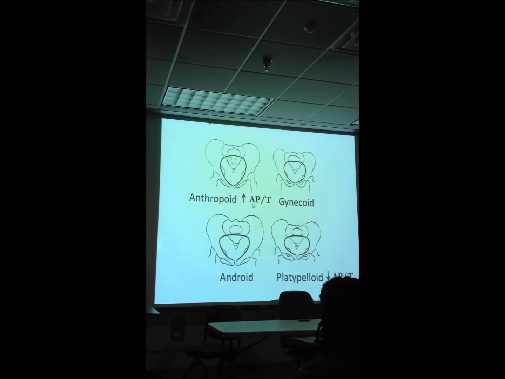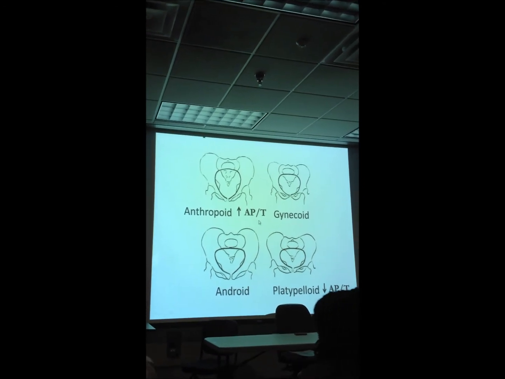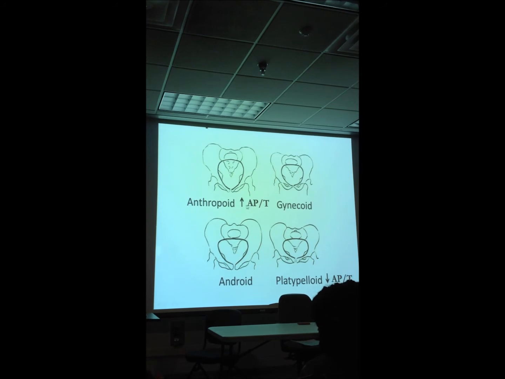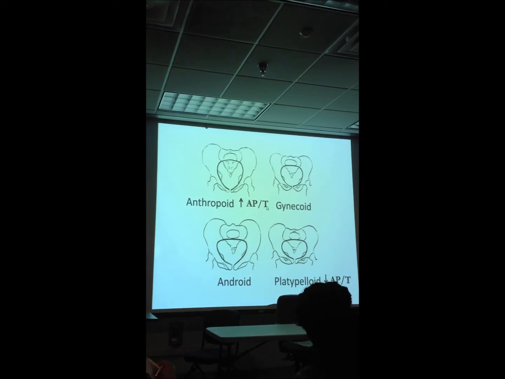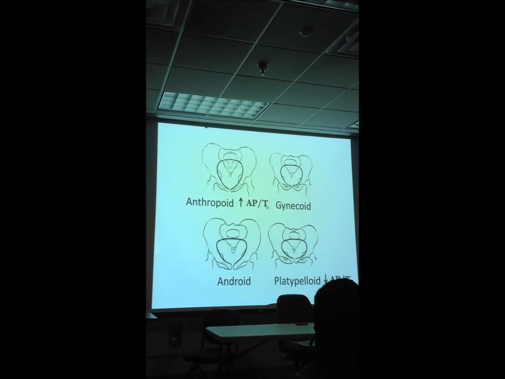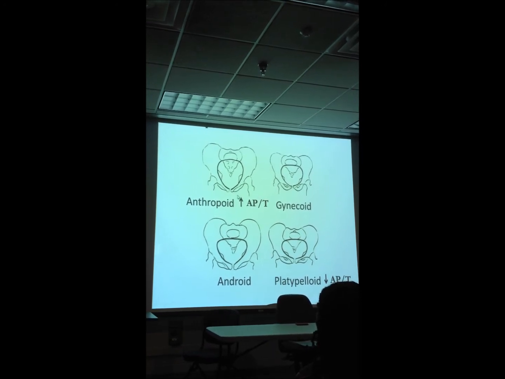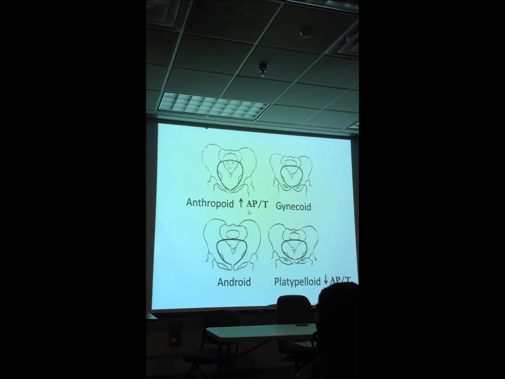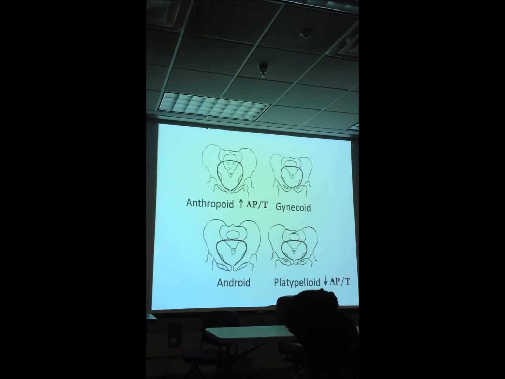All right, I've added something here, hopefully to clarify what questions you might have had related to anthropoid versus platypelloid pelvis concerning the anterior-posterior ratio to the transverse diameter. Hopefully this makes sense to you. In the anthropoid pelvis, you're going to have a higher AP to transverse diameter ratio. See how that's longer?